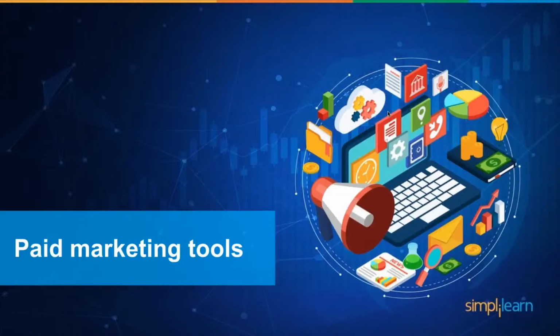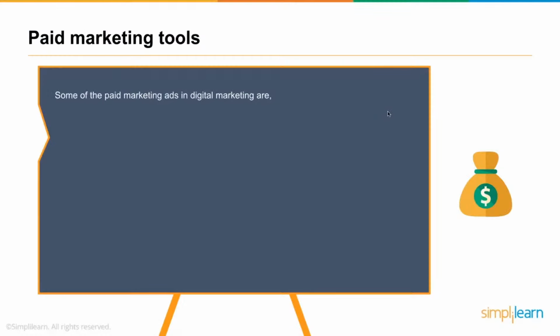So let's turn our attention to paid marketing tools. If you're doing some advertising on Google, Bing, LinkedIn, you probably want to work within those platforms as the tool of choice.